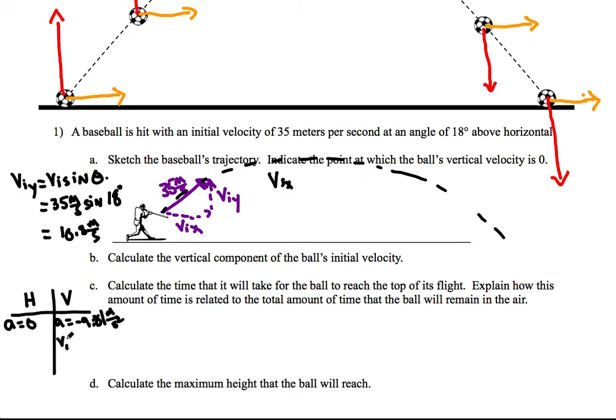I know my initial velocity in the vertical is a positive 10.8 meters per second because it's being launched up. I know that the velocity at the top, which I'm going to call the final, is 0, and I'm going to find t up, the time it takes to get to the top. So take a minute, look at your reference tables. What has a V_i, a V_f, an a, and a t?